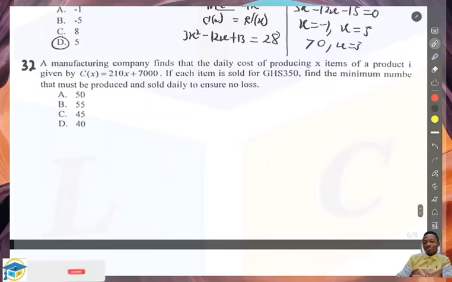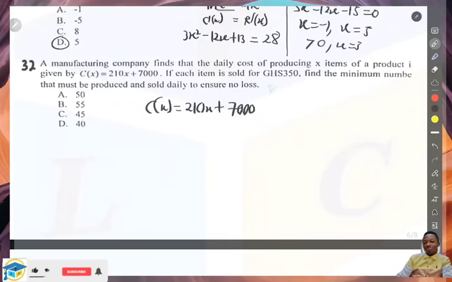Now, question number 32. A manufacturing company finds that the daily cost of producing X items of product is given by C of X equal to 210X plus 7,000.